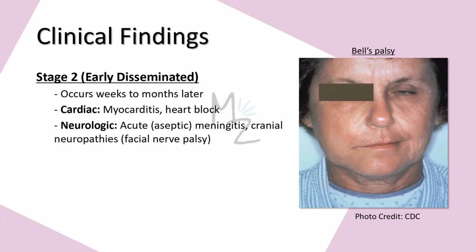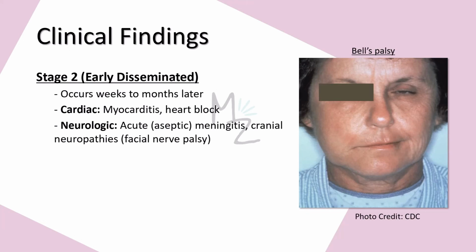Moving on to stage 2, the early disseminated stage, which occurs weeks to months later with cardiac and neurologic involvement. In cardiac involvement, we will see myocarditis accompanied by various forms of heart block.